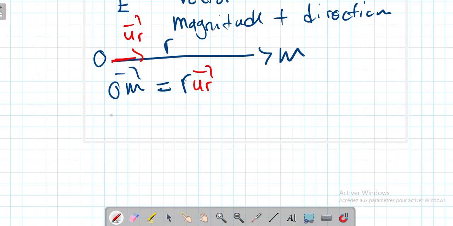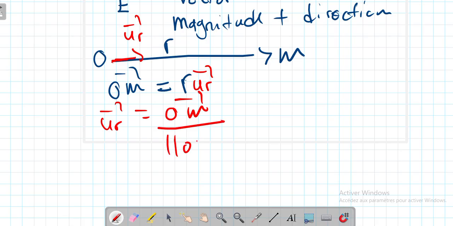Okay. Then we define the unit vector to be that vector divided by its magnitude. For example, we know that OM can be written as R, magnitude R, in the direction of UR. We said the unit vector is there to show us the direction. So what is the magnitude of OM?